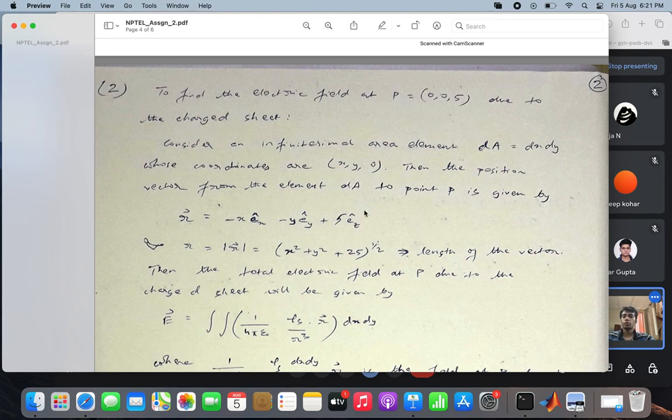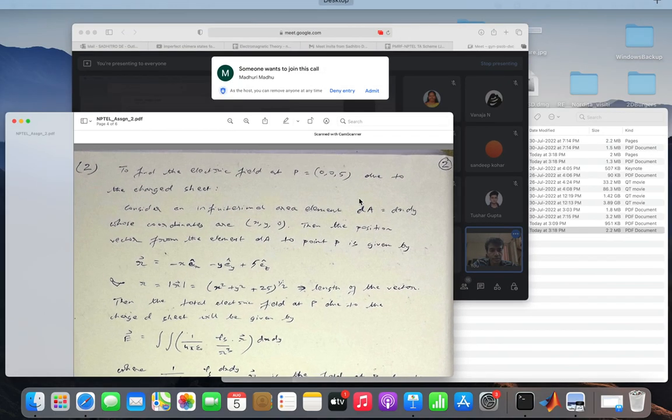You all are familiar with the electric field due to a point charge, right? Yes, sir. Okay, so the electric field due to a point charge is basically 1 by 4 pi epsilon naught times the charge divided by the square of the distance of the point from the charge.